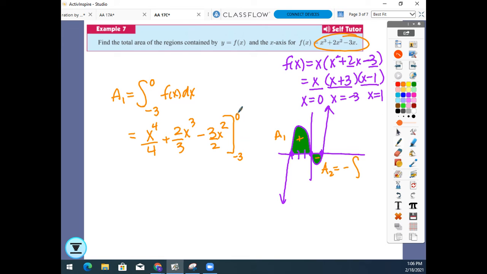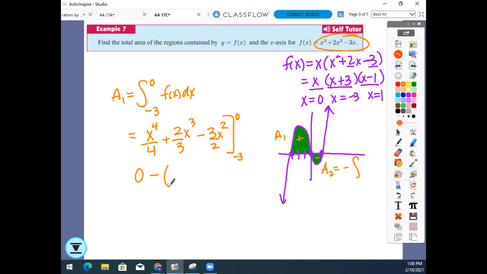So this is a pretty miserable function to integrate, a whole bunch of fractions. Luckily, I'm going to have 0 a couple of times, so that's going to help. So if I plug 0 in, that whole first part is just 0.